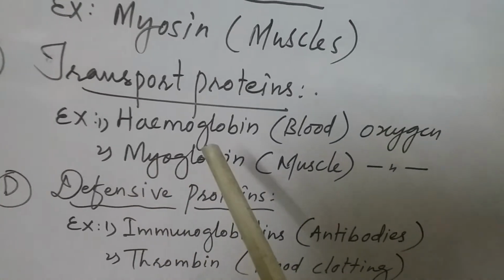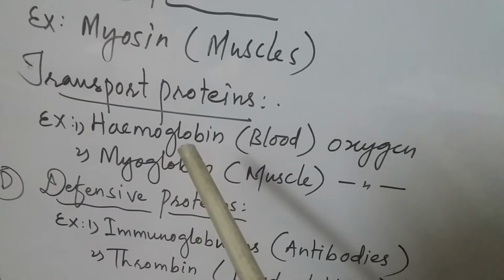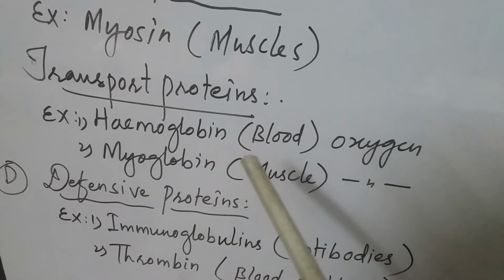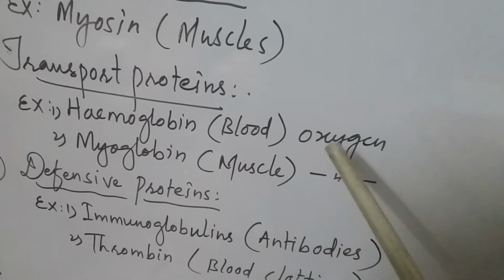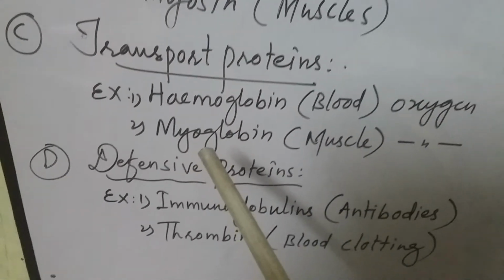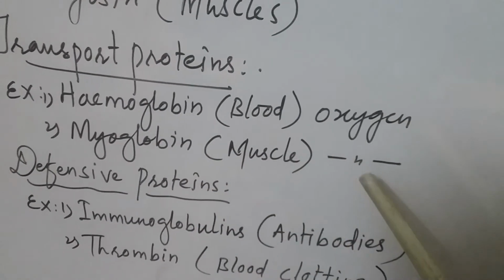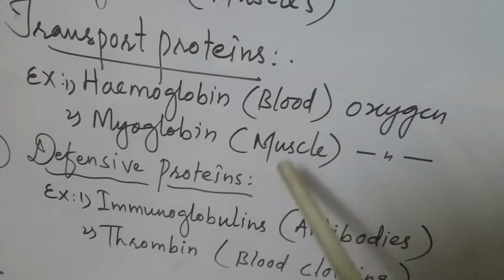For example, hemoglobin, present in the blood, is used for the transportation of oxygen gas. Another example is myoglobin, and this myoglobin is also used to transport oxygen gas, but in the muscles, not in the blood.